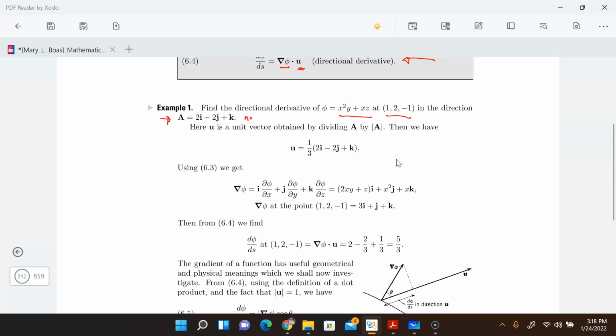To normalize it, we divide by its length. The length of A is the square root of 4 plus 4 plus 1, which gives you 3. You divide by that length, and that gives you your u.